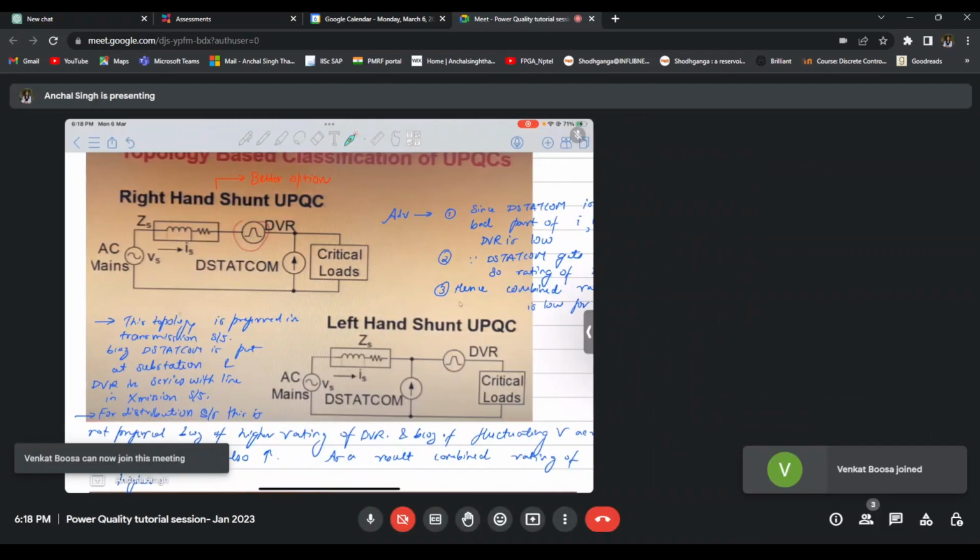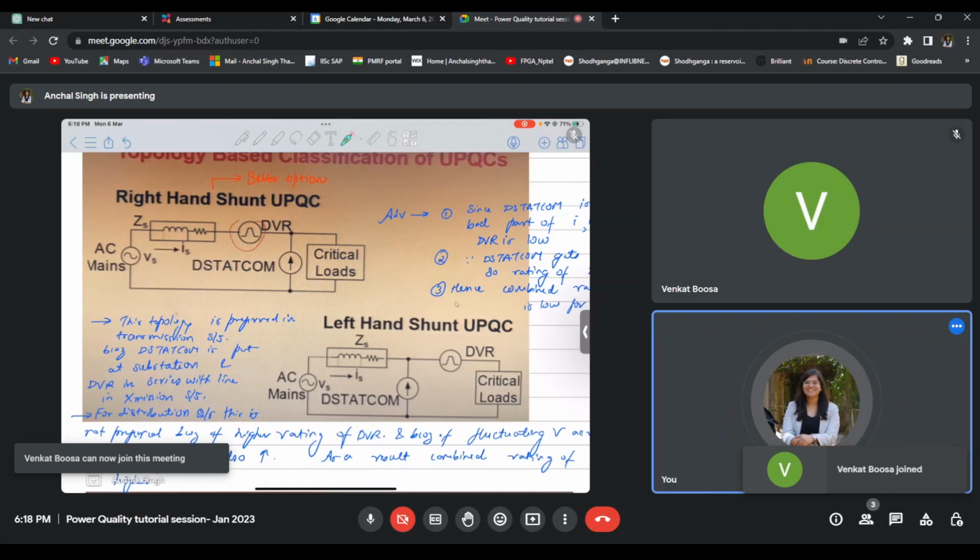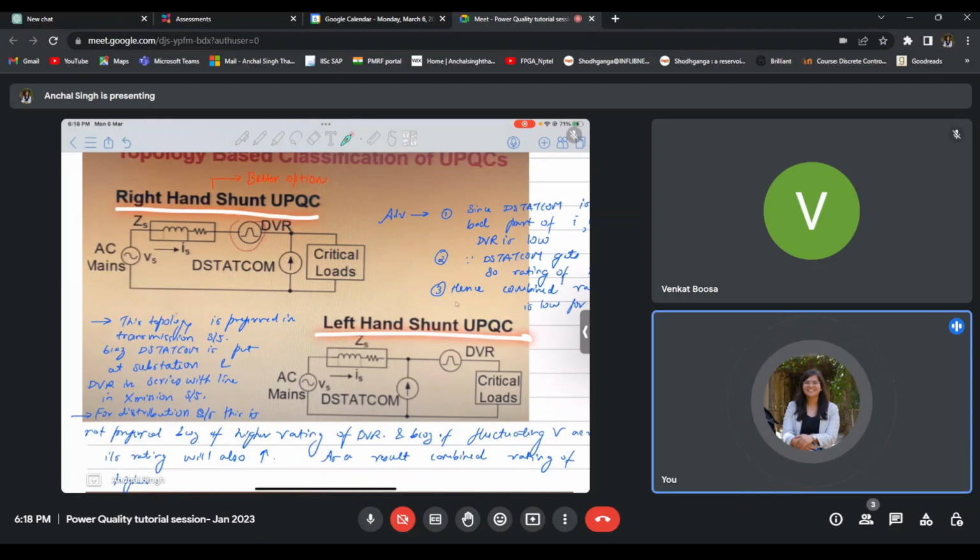So the right hand shunt UPQC and left hand shunt UPQC have only one feature that is different, that is the placement of the D STATCOM. Now, let us see what the effect of moving the D STATCOM from right to left is.